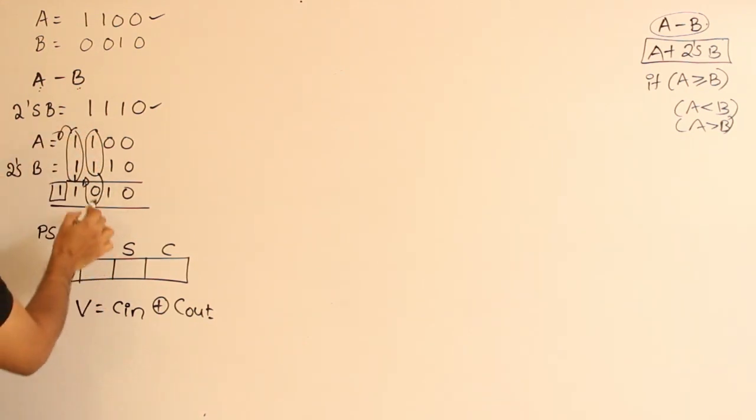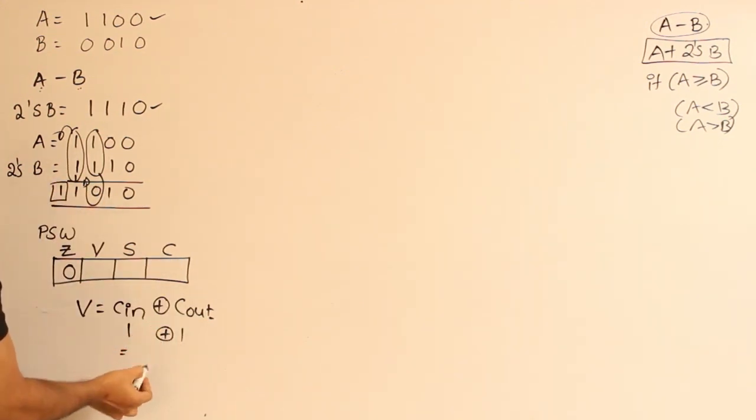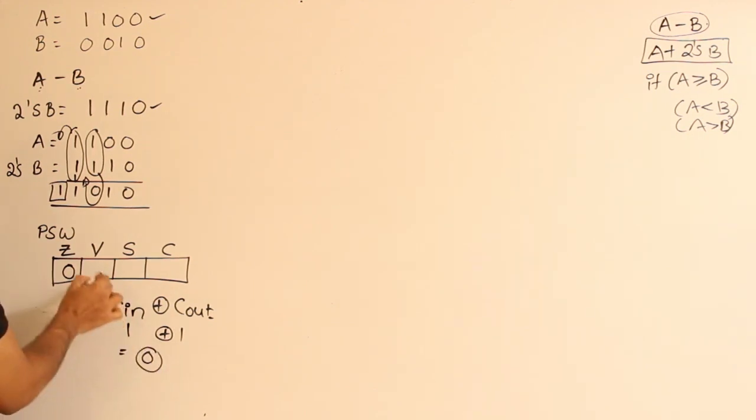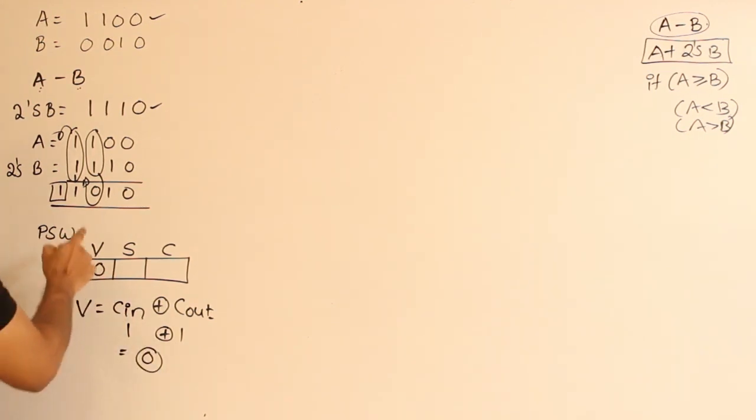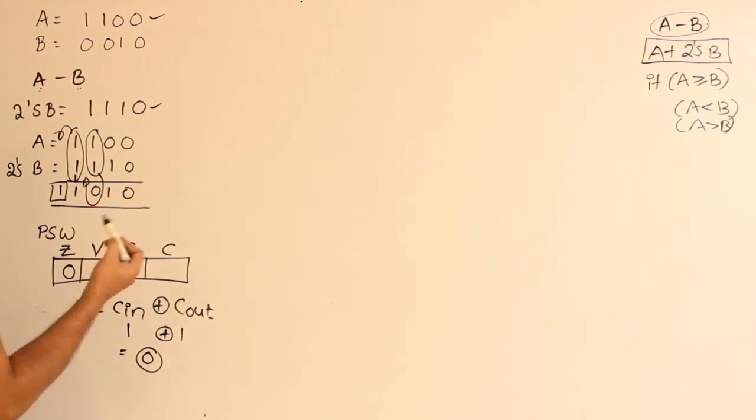Now carry in in this case is 1 and carry out of this stage is also 1. So when I XOR them, it is going to be 0. Therefore there is no overflow in this case. Whenever there is overflow, we have to handle it differently. If there is no overflow, we handle it differently. And coming to overflow, please watch the video on the 2's complement number system in digital.